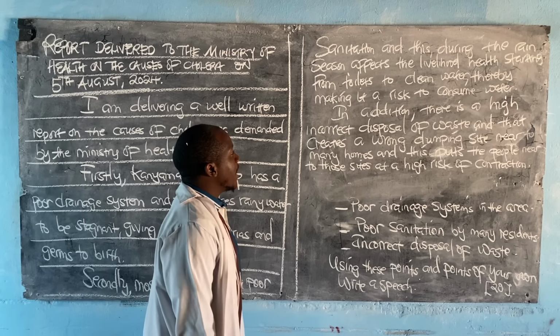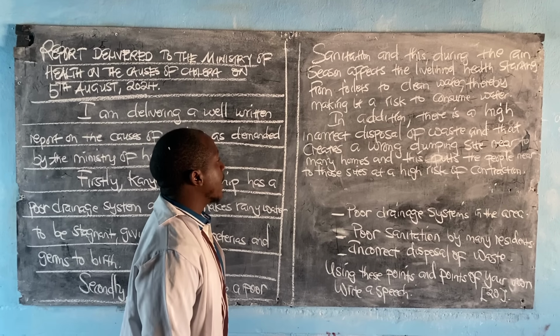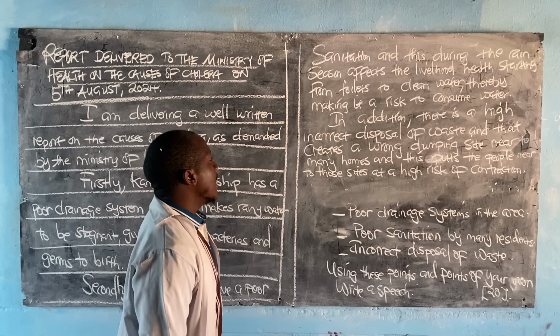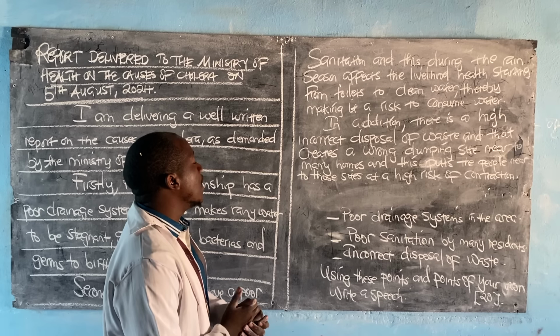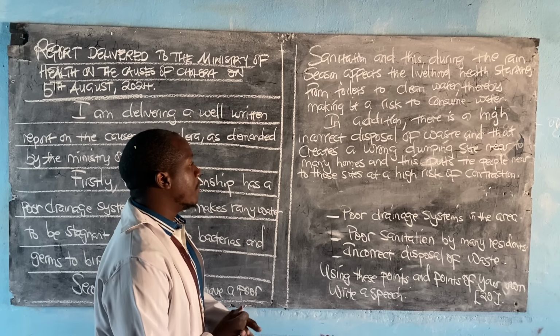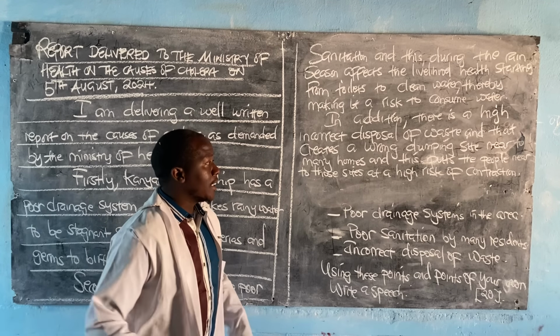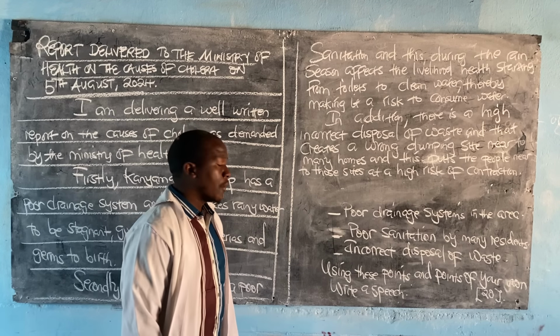So, in addition, there is a high incorrect disposal of waste, and that creates a wrong dumping site near to many homes. And this puts the people near to those sites at a high risk of contraction.